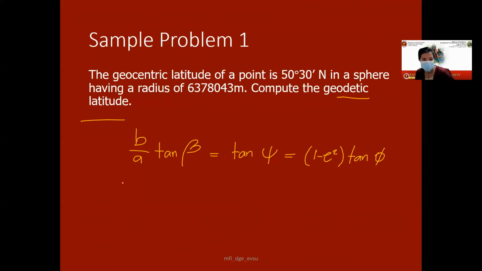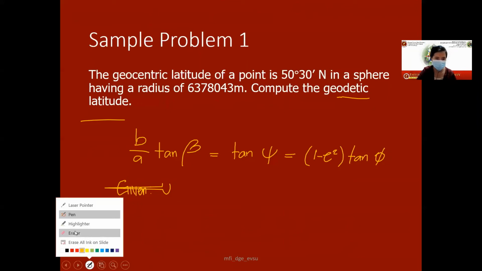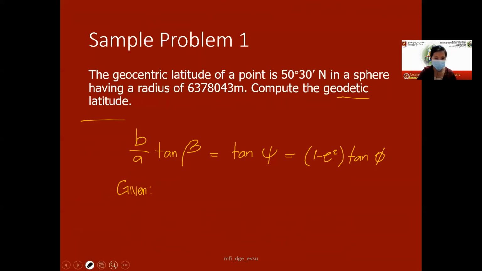So the given in this problem is the geocentric latitude, which is equal to chi. I'm sorry, this is 50 degrees 30 minutes north.